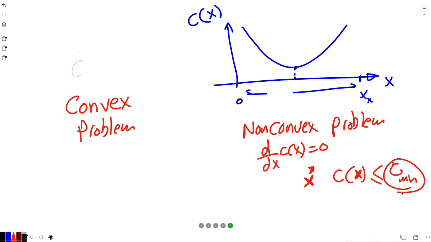As far as we achieve this point, we are satisfied with that solution. We are not looking for the global minimum anymore. We know there might be a much better solution, but to save time, sometimes we are satisfied with taking the point which achieves a certain objective, and that's it. So we are looking for a satisfactory solution, not the optimum solution.